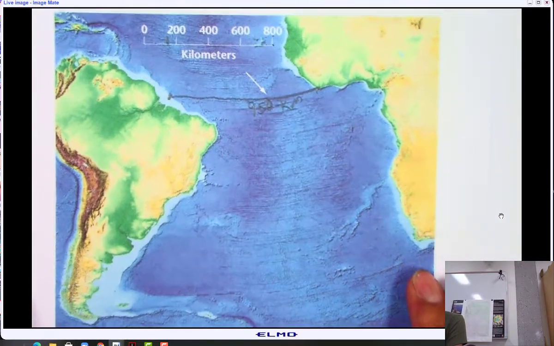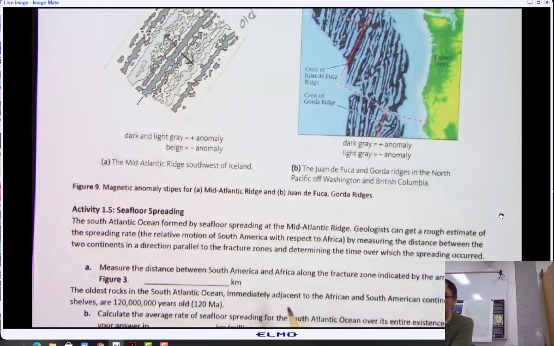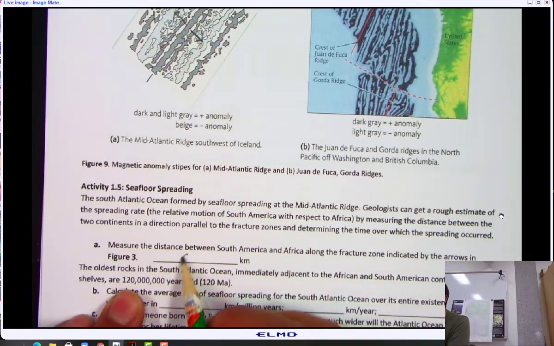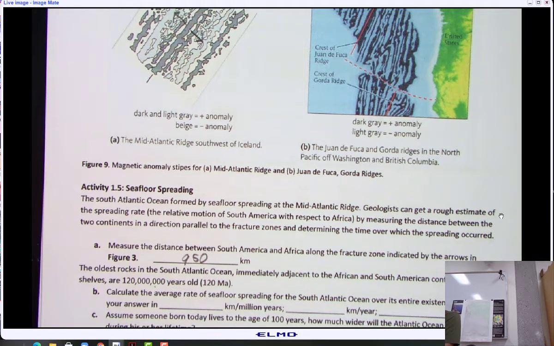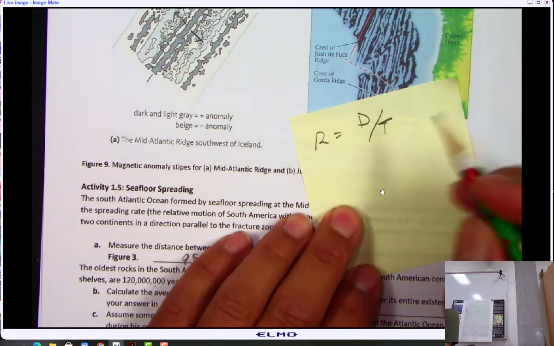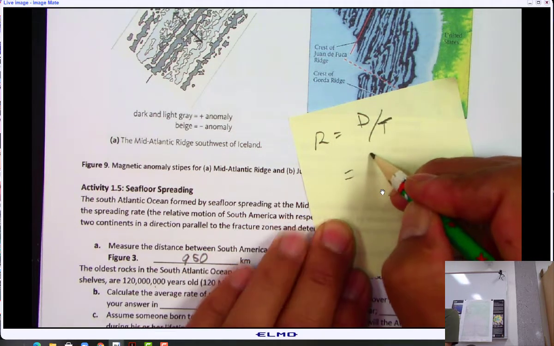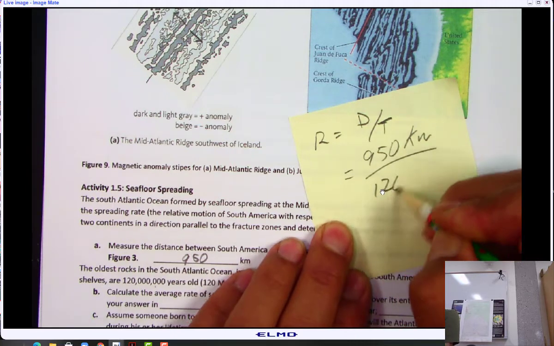So then they're going to ask us here. We got 950, so we just figured that out. We'll put 950. So here, the oldest rocks are 120 million years old. So calculate the rate of spreading. Remember, the rate is some distance over time. Our distance was 950 kilometers, and our time was 120 million years.